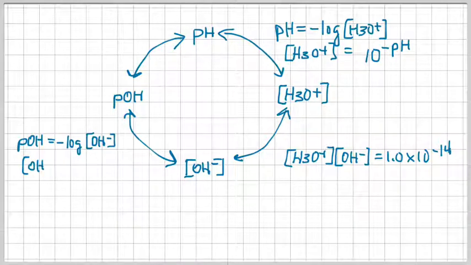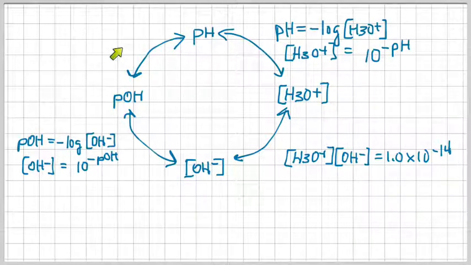Hydroxide ion concentration equals 10 to the minus POH. Do you see that these 2 equations and these 2 equations are almost identical? Just swap out H and OH. So that's not really 4 equations you need to know. It's just 2. And if you're good with math and can rearrange equations, you only have to memorize the 1.